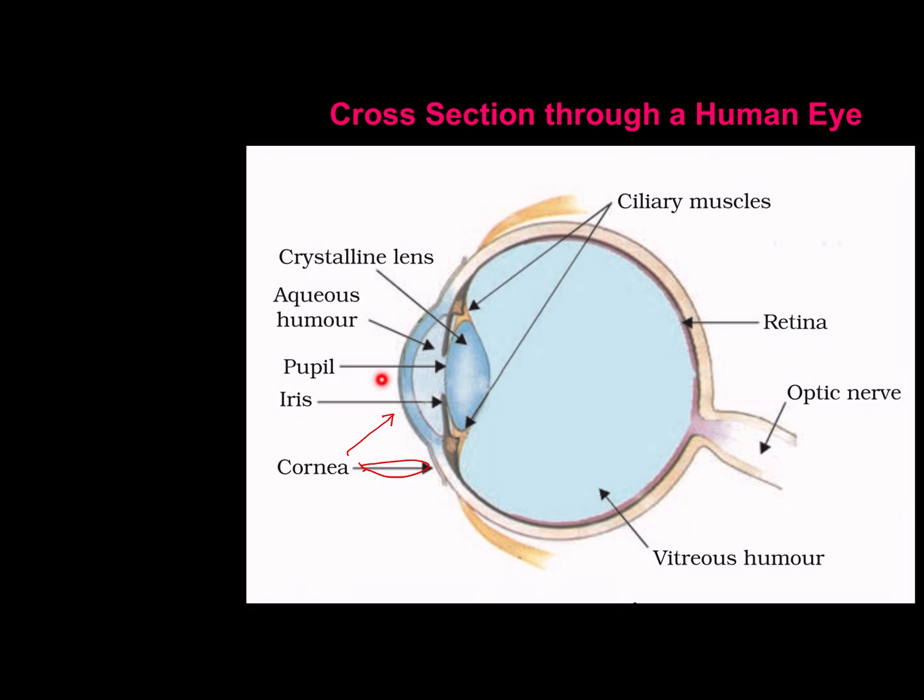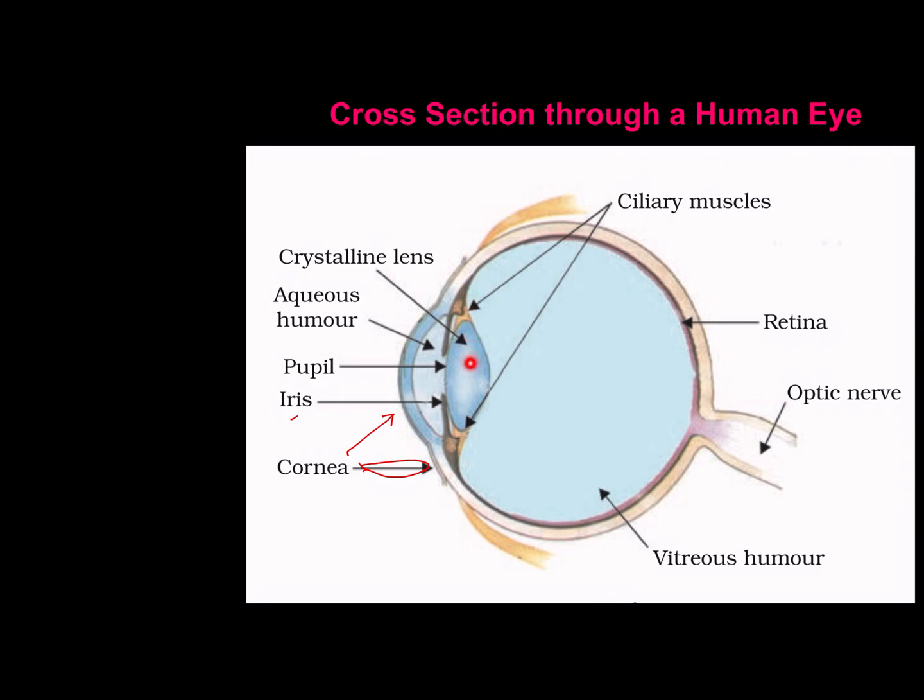Behind the cornea, there is a thin muscular layer. This muscular layer is called iris. In the iris, there is a hole that is called pupil. Pupil controls the amount of light. Behind the pupil, there is a lens, the crystalline lens. This lens is held in the eye by the ciliary muscles.